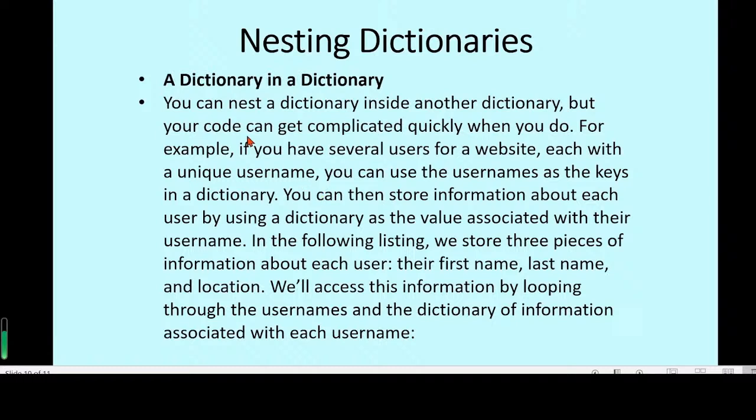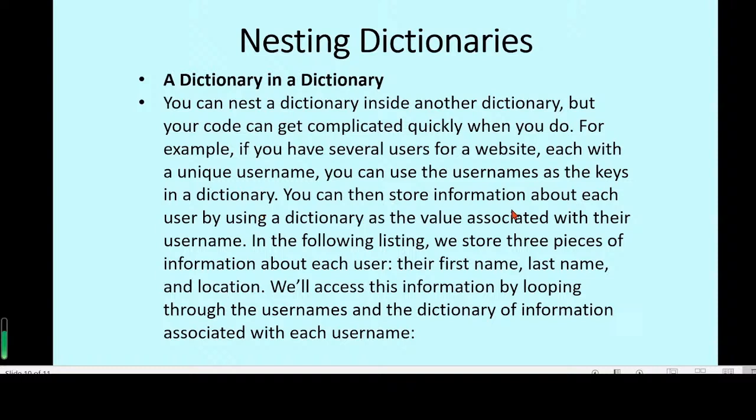And the last case is a dictionary in a dictionary. You can nest a dictionary inside another dictionary, but your code can get very complicated quickly when you do this. For example, if you have several users for a website, each with a unique username, you can use the usernames as the keys in a dictionary.